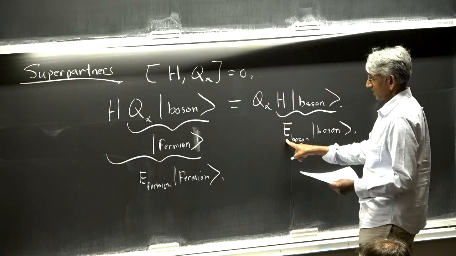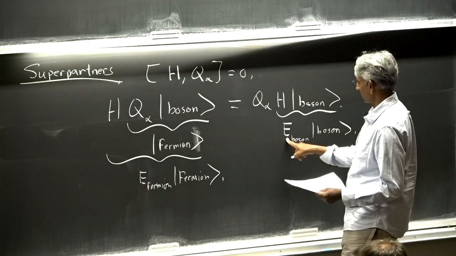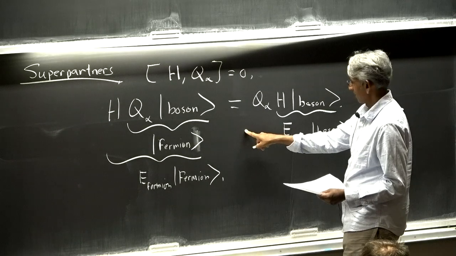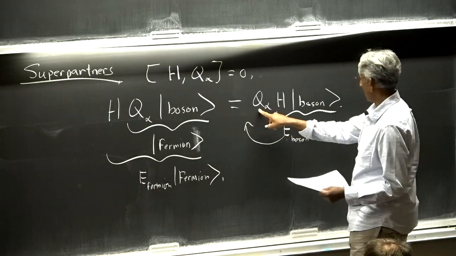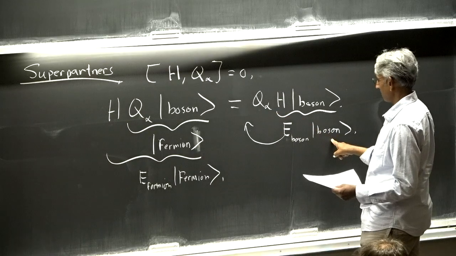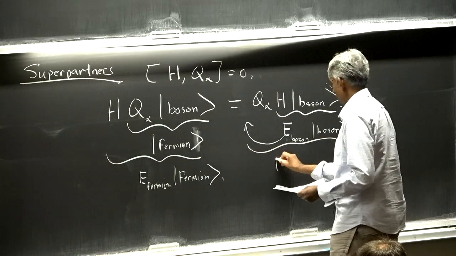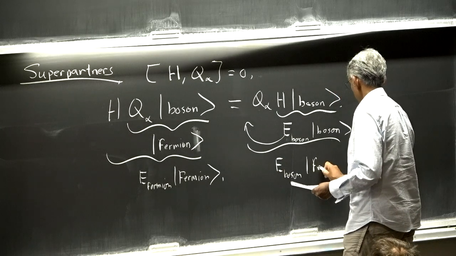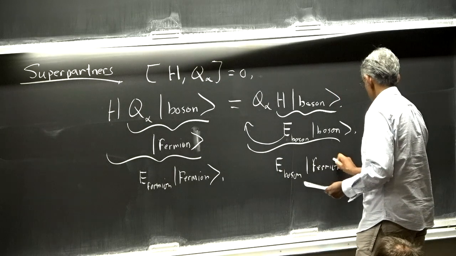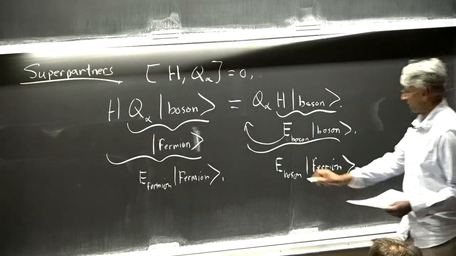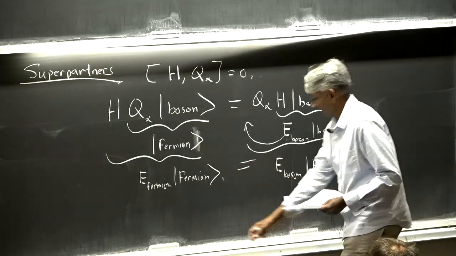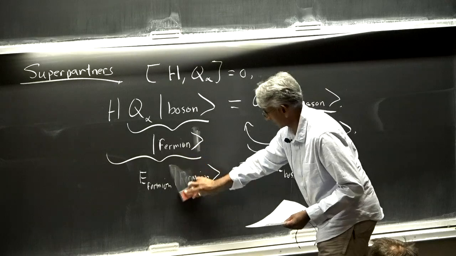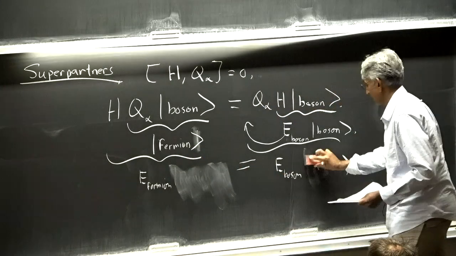But this is just a C number, right? So it doesn't matter whether I put it on this side or I put it over here. Okay, so move it over here. And then I have Q alpha acting on the boson again. And so that is just E boson acting on that same fermion. Okay, and these are equal. And so I can just erase this state. It's the same state on both sides.